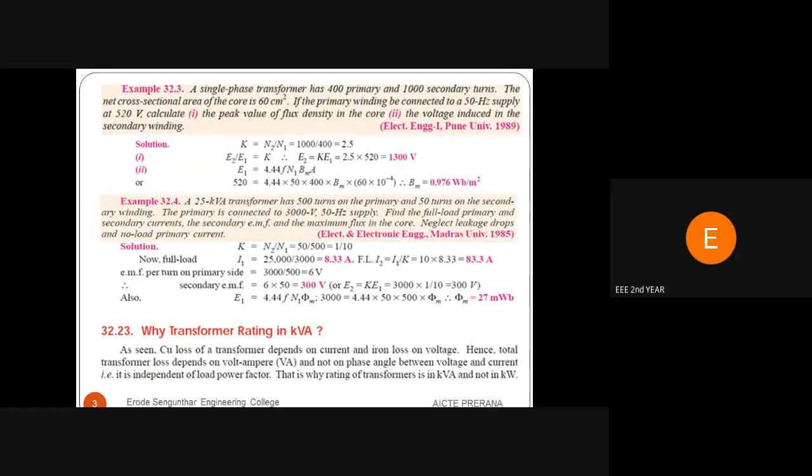We can get the phi m value, that is 27 milliweber. Simply we calculate the maximum flux value: 27 into 10 to the power minus 3 Weber, or 27 milliweber.